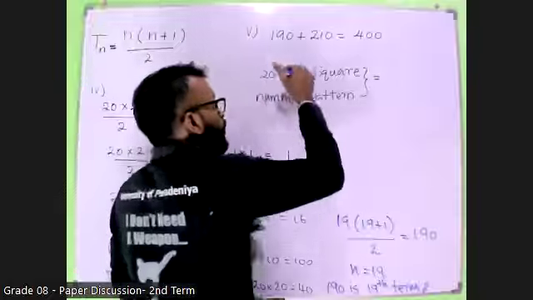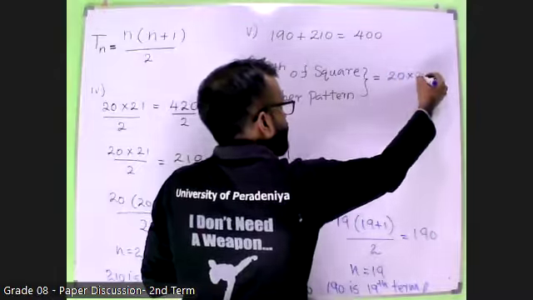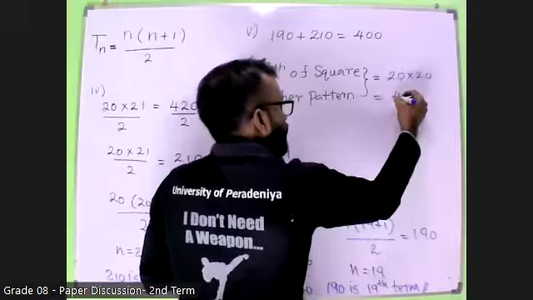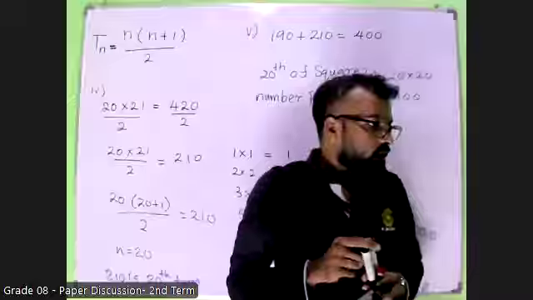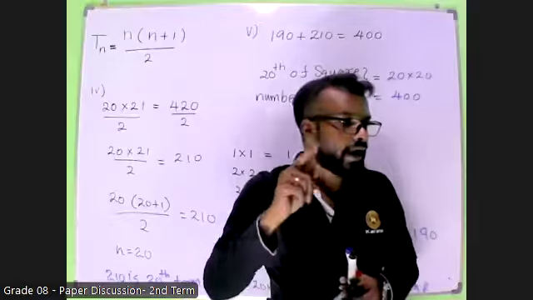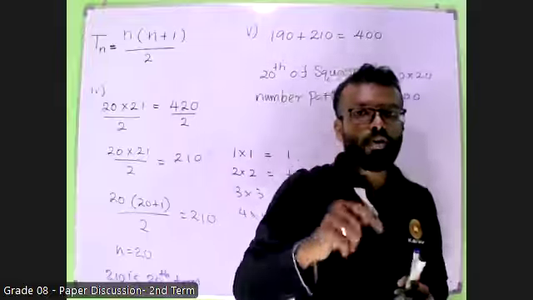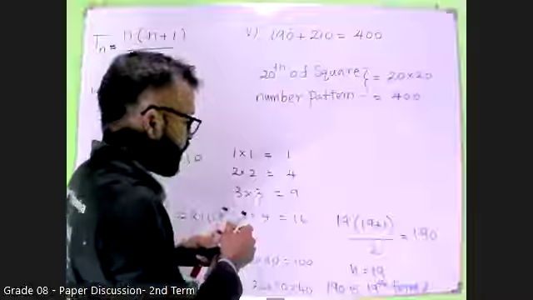It will give you 400. This is a number pattern in ascending order starting from 1. So this is your square number pattern.